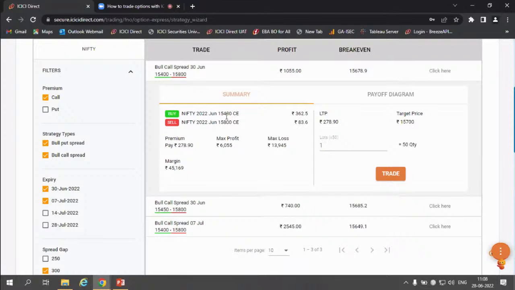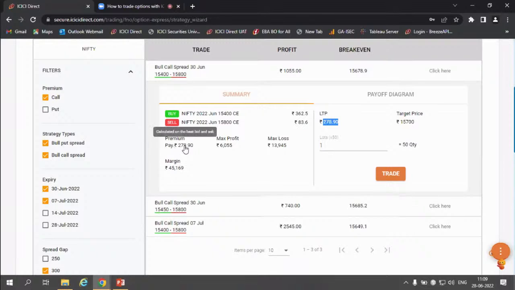The gap is 400 points, and the overall LTP is 278.90. This LTP is nothing but 362.5 minus 83 rupees. Once you calculate these, you get 278 rupees. This is the premium that you will be paying.